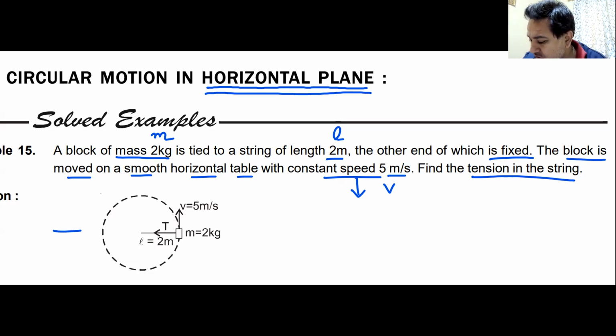Now, when I draw the motion like this, I am not very convinced. This gives me an idea that the motion is somehow taking place on this vertical plane, and when I see the circular motion like this, I really get very confused. This motion is not happening on this plane. We have to understand that this motion is happening on this plane.